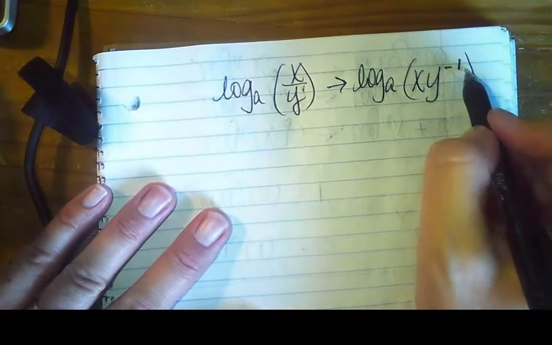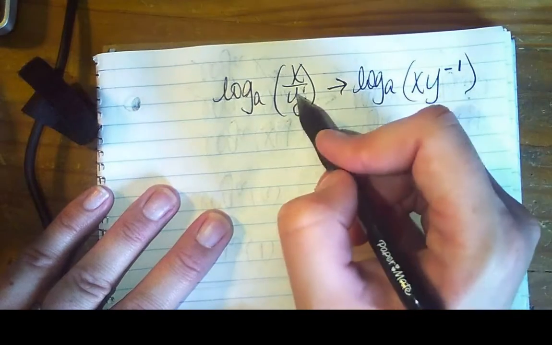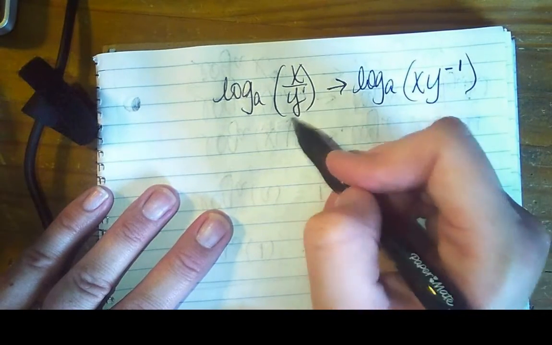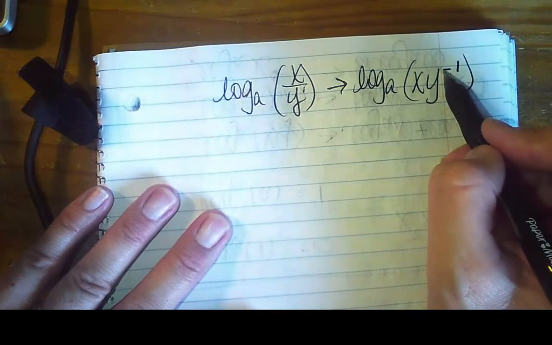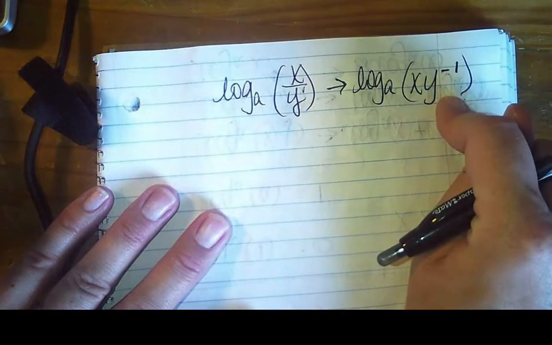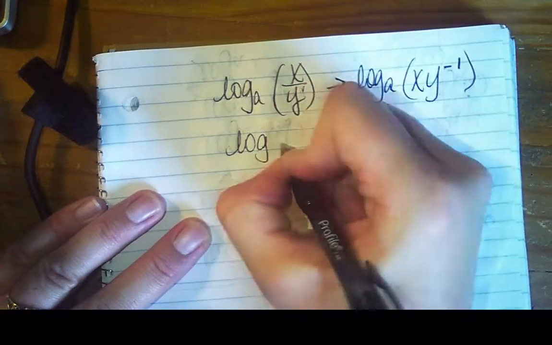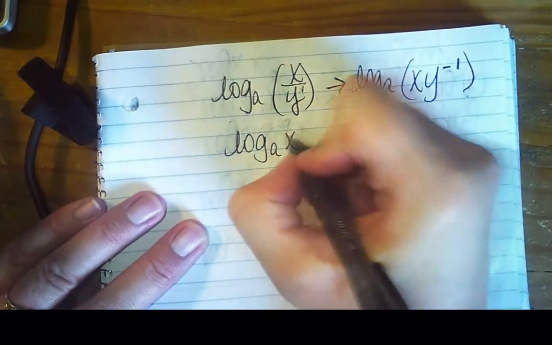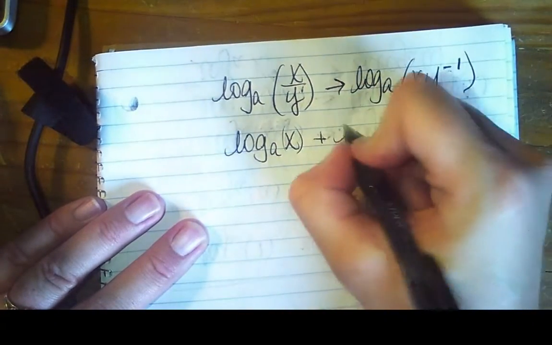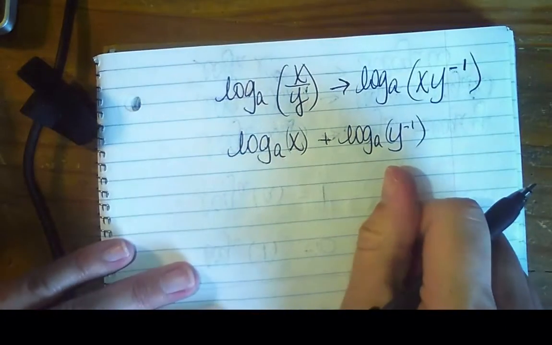I can bring it up top by changing the sign on my exponent. So if it's y to the +1 in my denominator, it'll be y to the -1 in my numerator. Well, now this is a multiplication on the inside. So change it to addition on the outside. So log A of x plus log A of y to the -1.